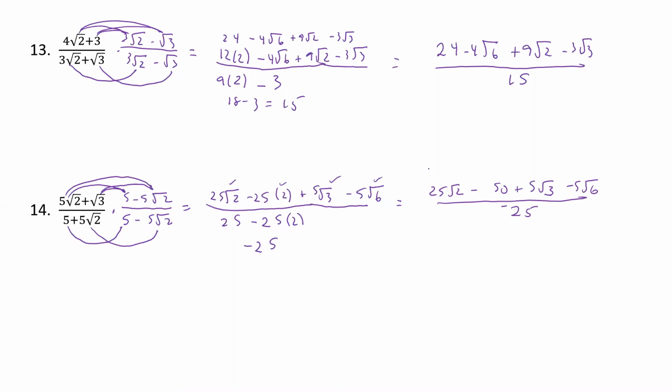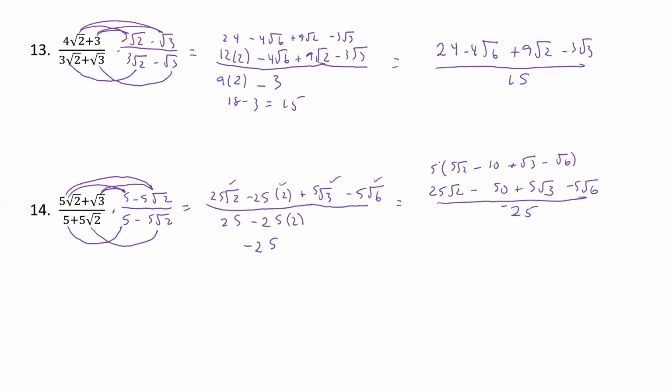So if I took out, let's say a 5, I mean, we could take out a negative 5 to make this positive and then have only negatives here, or we could just do that. Let's just take out a 5 for now. And if we take out a 5 here, that's 5 radical 2, and then minus 10, then plus radical 3, minus radical 6.